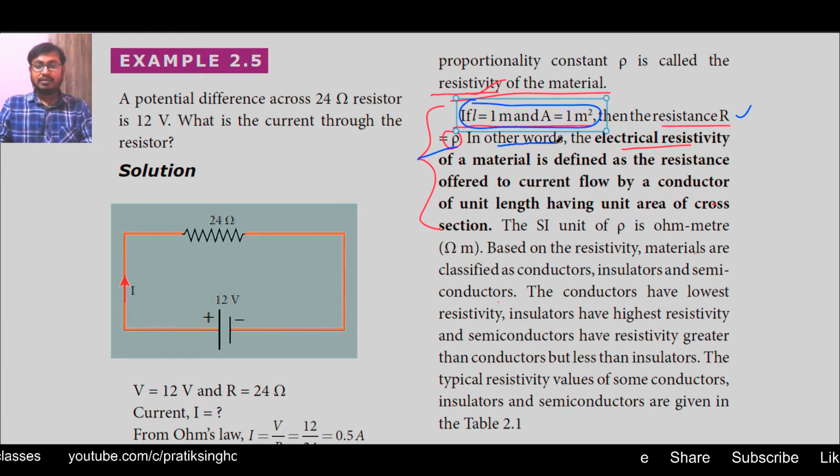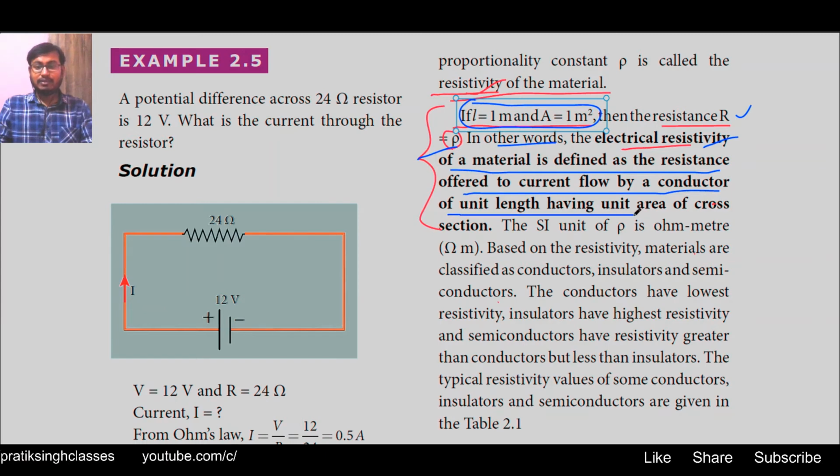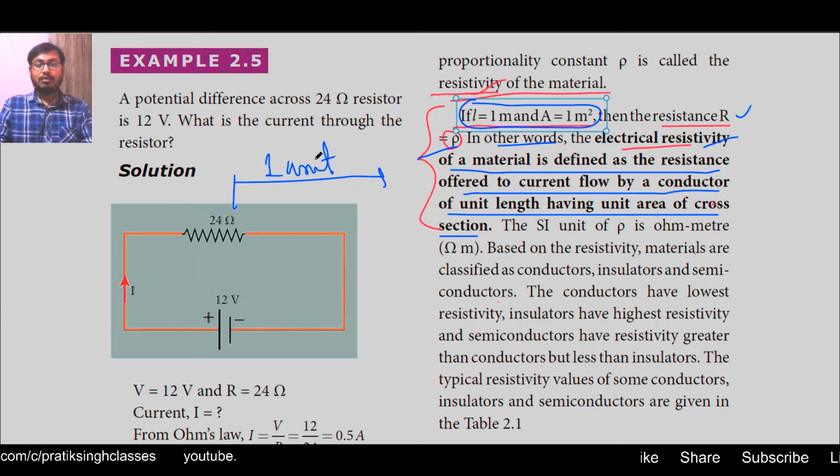In other words, the electrical resistivity of a material is defined as the resistance offered to current flow by a conductor of unit length having unit area of cross section. That means if you have a conductor of unit length, one unit of its length, and also its area is 1 unit square.